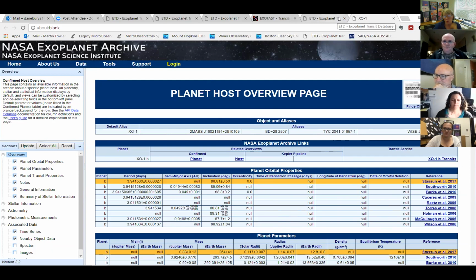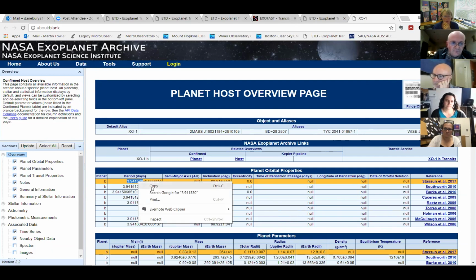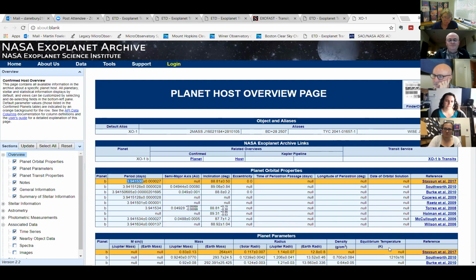But for X01, it's highlighting, as you see here on Martin's screen, this recent value for the period of 3.914153 days. And so Martin used that value to plot his data of X01 from MicroObservatory on that ETD check site. So why don't you show us that, Martin?